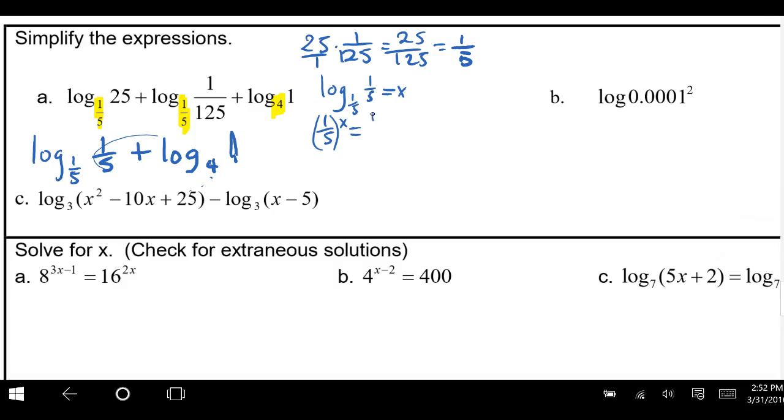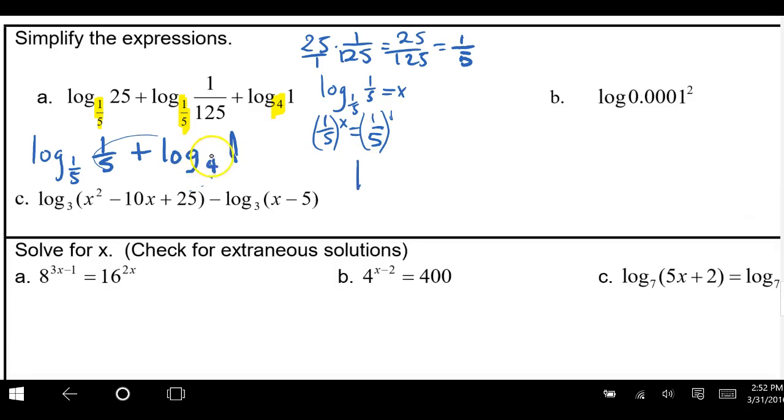So now that's equal to 1/5, and this is 1/5, this is 1/5, and I know that 1/5 here is raised to the power of 1 because it's just 1/5 itself. It's not squared or anything like that. So that means this has to be the same. So then that first number is equal to 1.